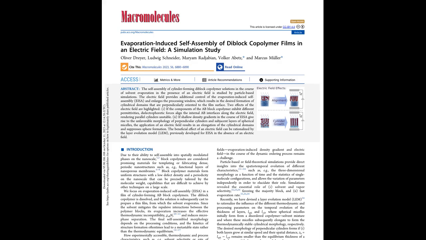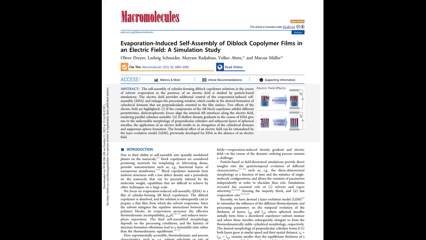During solvent evaporation, this results in earlier onset and enhanced growth of perpendicularly aligned cylinders, while suppressing the formation of parallel cylinders and stacked spherical layers. These findings corroborate and rationalize previously reported experimental observations of broader parameter windows for achieving perpendicular cylinder morphologies under electric fields and longer cylindrical domains at the film surface.